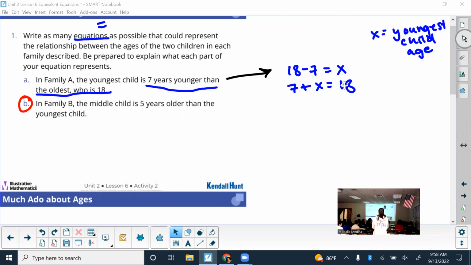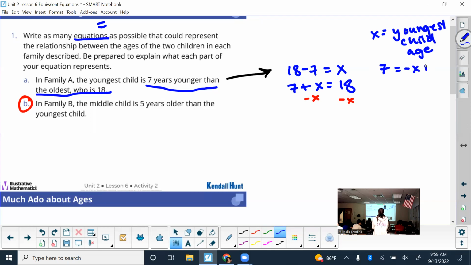How could I move the X to the other side? I could subtract X on each side, and now I have another equation. I have 7 equals, and you can write it 18 minus X, or negative X plus 18, same difference. Anyone come up with something else?